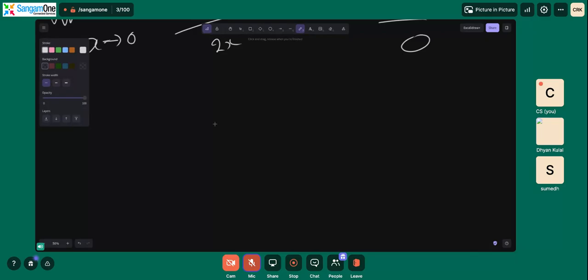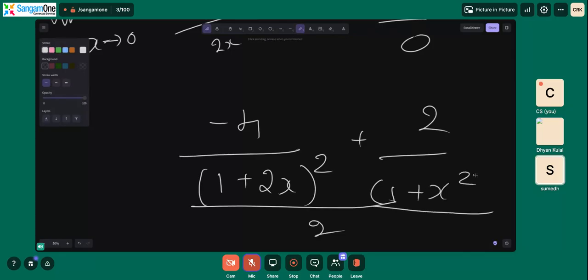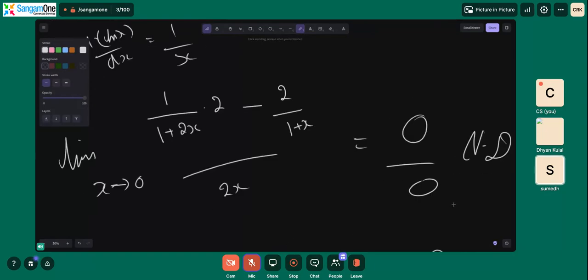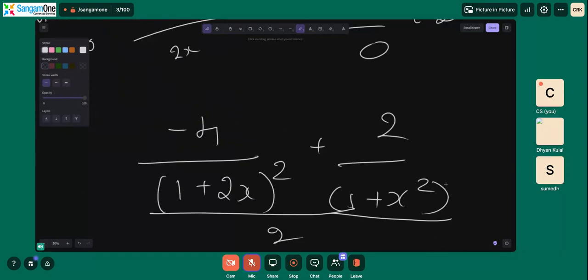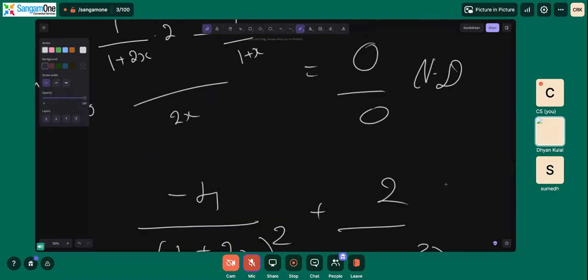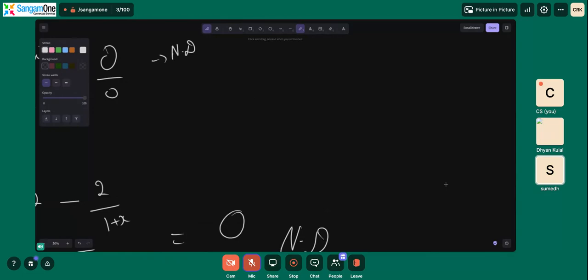I get minus 4 by 1 plus 2x whole square plus 2 by 1 plus x whole square. I hope you came to know what I did here. I just applied the formula. If it is hard to understand, I will do it once here.